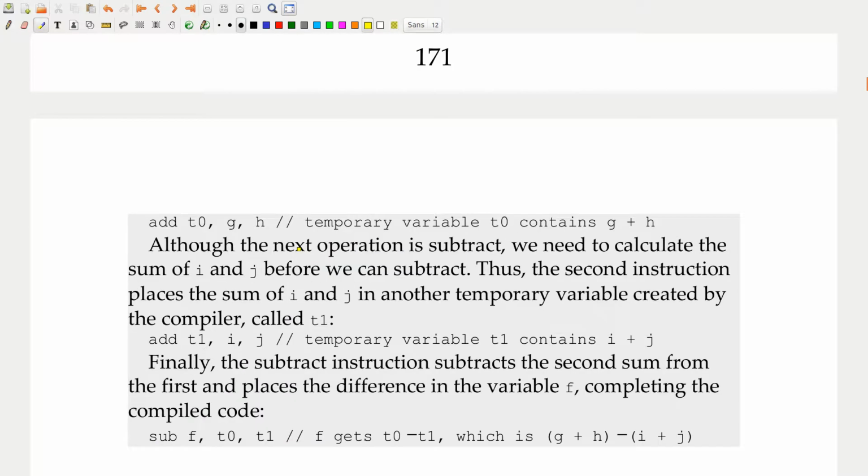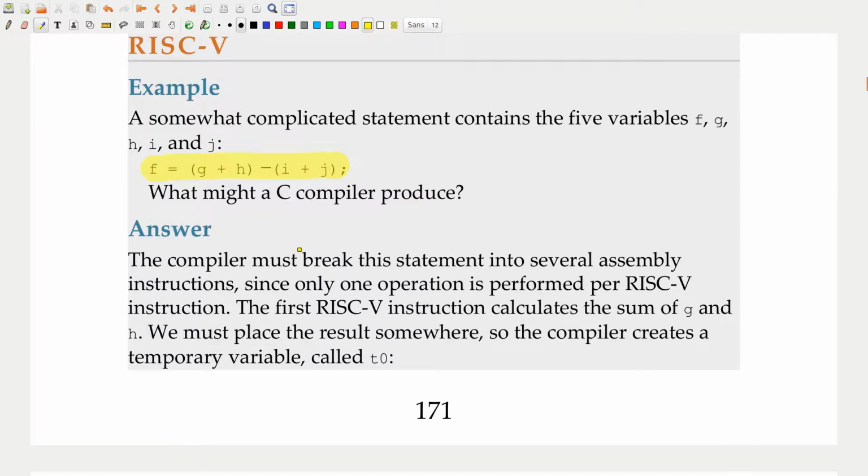At the end of the day, we just have to split things up into temporaries. If I were to do this, I would say, let's have T0 as what we're assigning to.